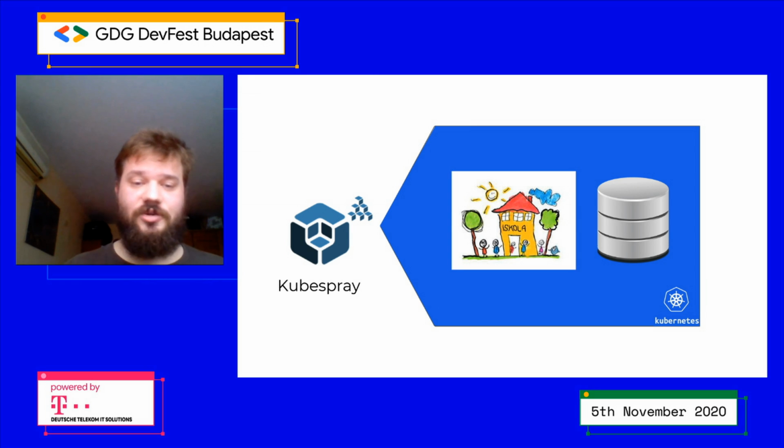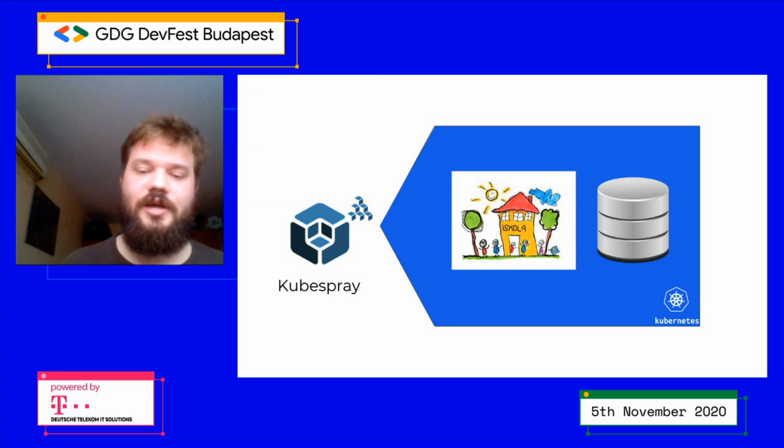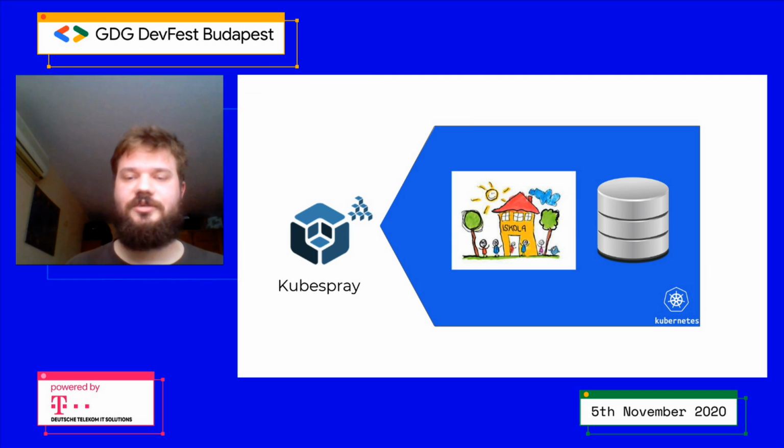But I just told you like 20 minutes ago that you probably shouldn't use disks and shouldn't have databases within your cluster, right? However, in that case, we already had a working infrastructure. Kubernetes provided us with a kind of infrastructure as code already.